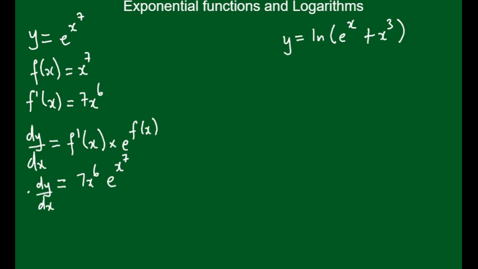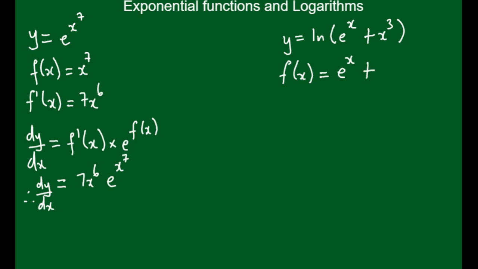Final answer, dy dx. Let's move on to the example on the right hand side, which is on natural logarithms, how to differentiate that. We just need to find f prime of x from f of x. F of x is those values that are in brackets.